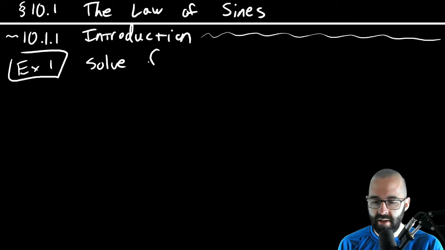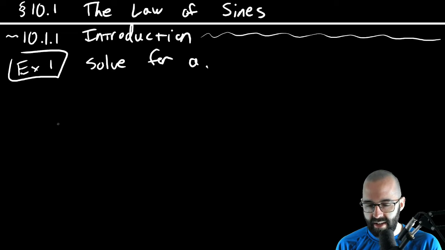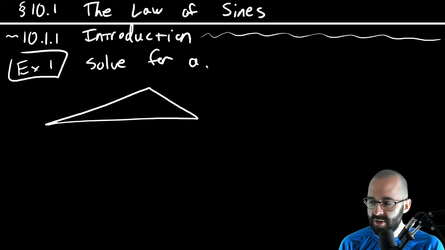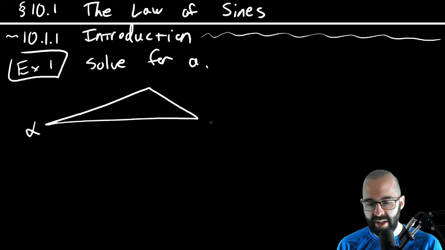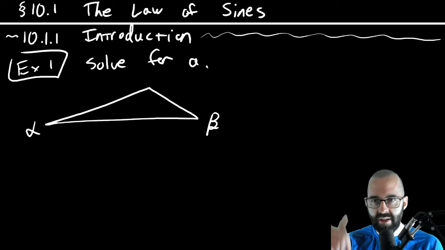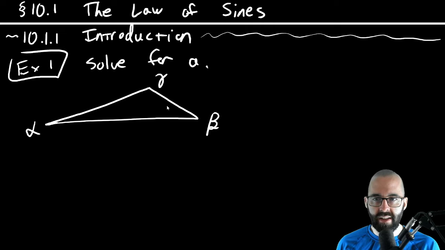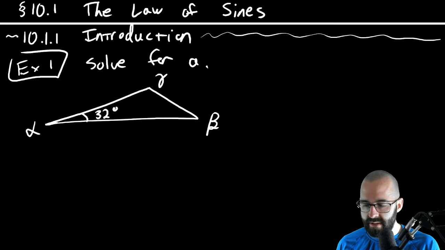So example 1 says, solve for A. And let's say there's some triangle. This is not a right triangle. Let's label it alpha, beta, and gamma, which kind of looks like a little Y. And now this angle is 32 degrees.